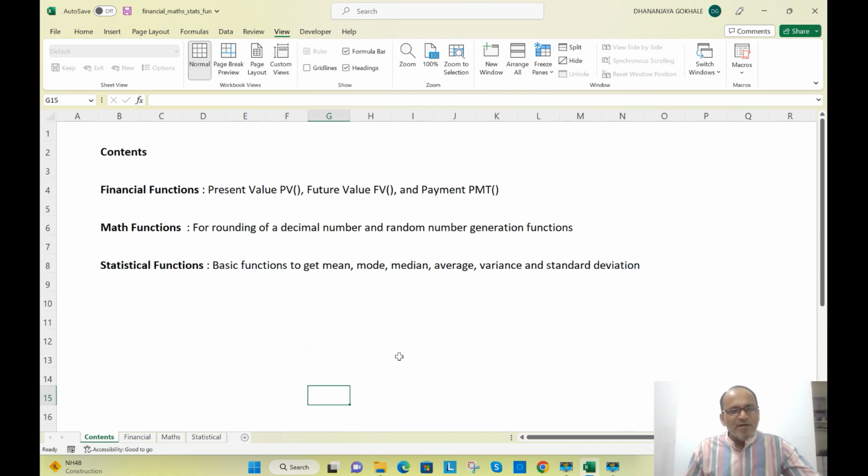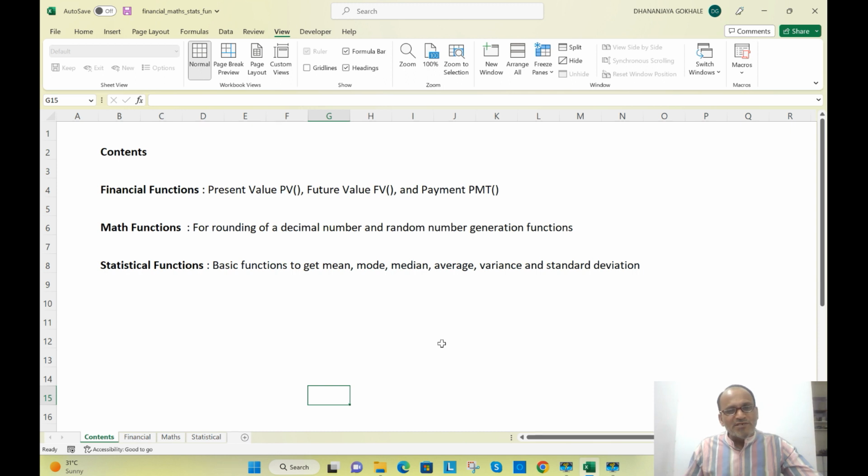In maths, also there are several functions. However, commonly used functions are rounding of decimal numbers. There are three different functions for rounding of decimal numbers. And then we are going to take a look at random number generators. So there are two functions which are pretty useful for generating random numbers.